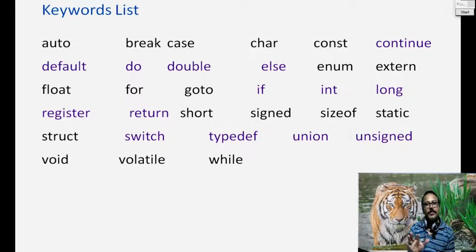It may happen rarely, but if you have any doubt, you can refer to the keyword list, or the compiler will automatically generate an error message indicating that you cannot use it. Then in that case, please change the name. That's all.